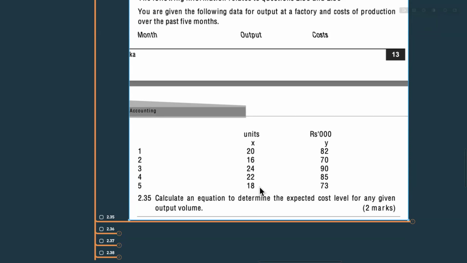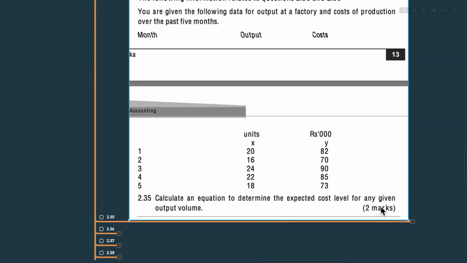So we need a formula. It means the regression formula. We can use the least squares method or regression analysis method to determine the y is equal to a plus bx formula. So the x is going to be the known value. If they give 20, 30, 50, any x value, we can determine the y value, that is the cost. That's the formula we have to derive, right?